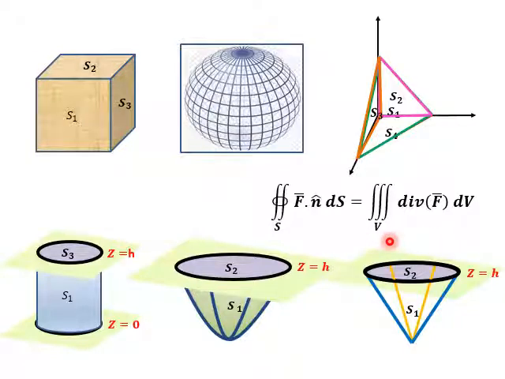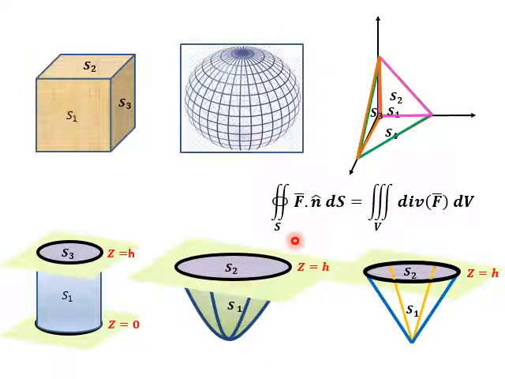So divergence theorem says that the total expansion of the fluid inside some three-dimensional region is equal to the total flux of the fluid out of the boundary of the surface.